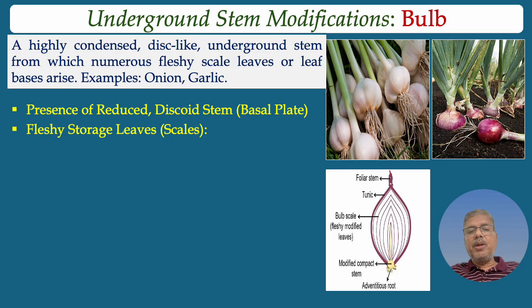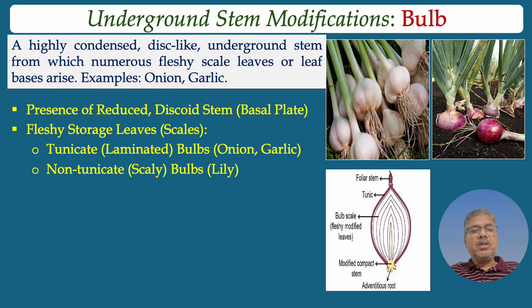The majority of the bulb's mass is made up of thick, fleshy, concentric layers of modified leaves, often called scales. These leaves are where the plant stores its food reserves. These scales can be tunicate.